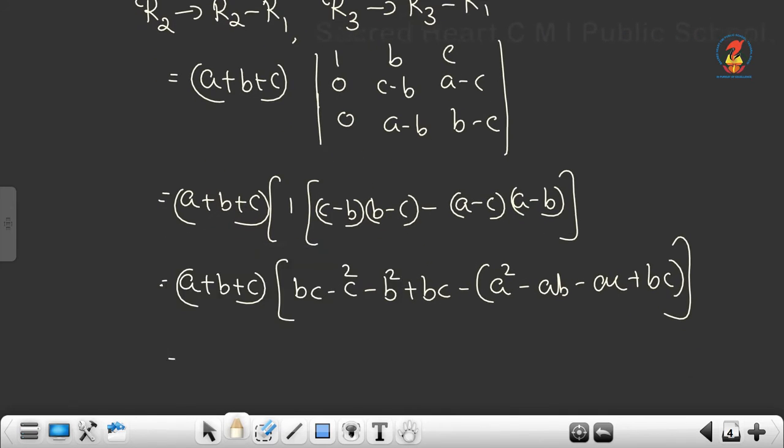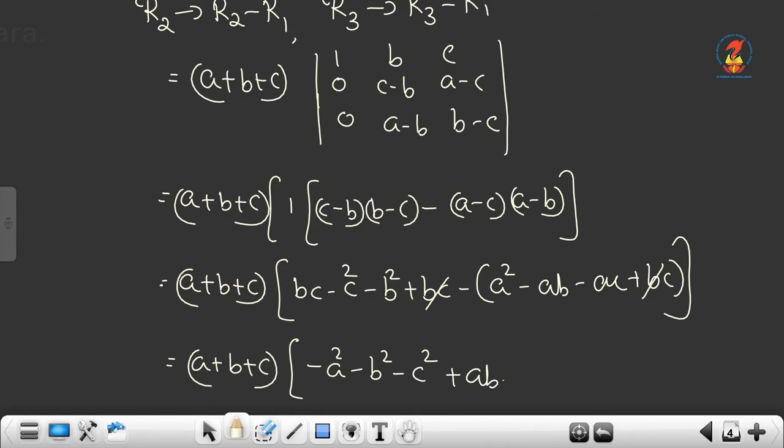So that's equal to a plus b plus c into a square negative, b square negative, c square negative, one bc we can cancel. Then we have ab plus bc plus ca.